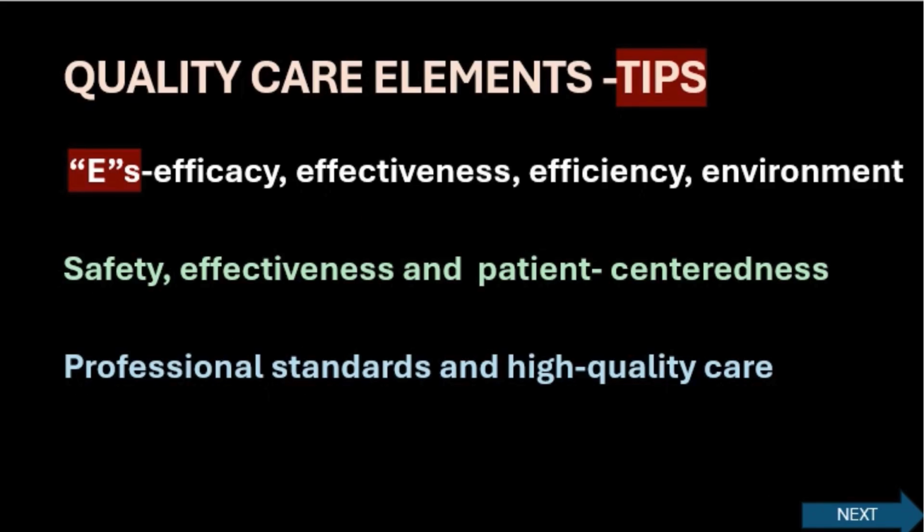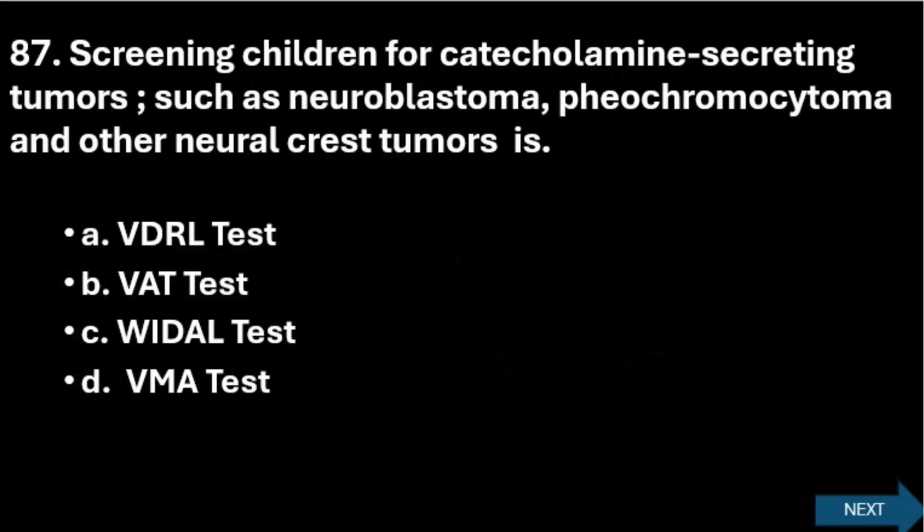We can see the quality care elements tips: the E's, efficacy, effectiveness, efficiency, environment. Then safety, effectiveness, and patient-centeredness. Professional standards and high quality care are also elements of quality care in nursing.